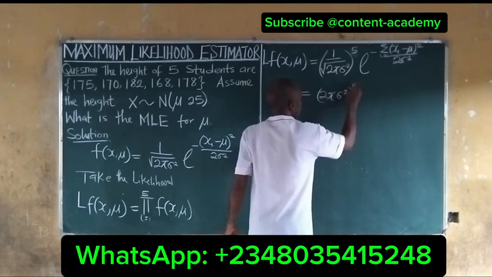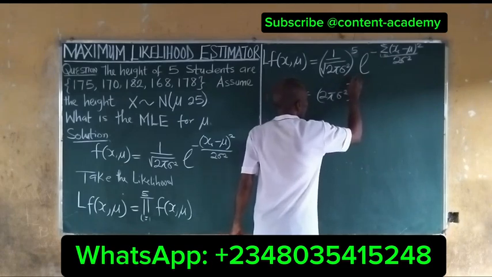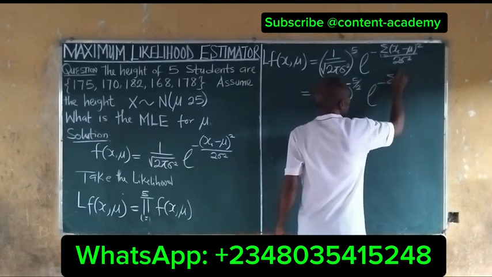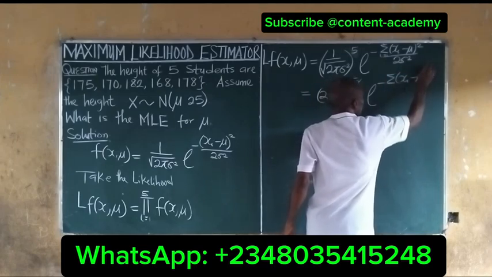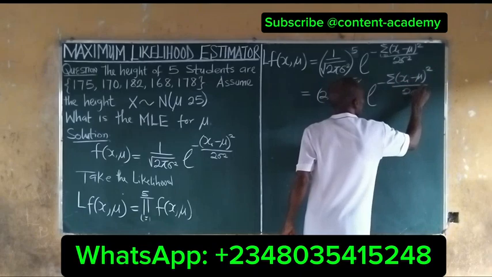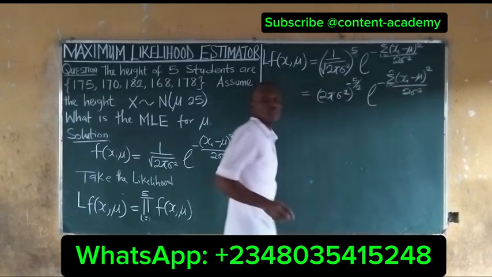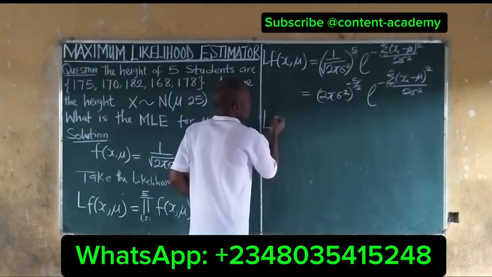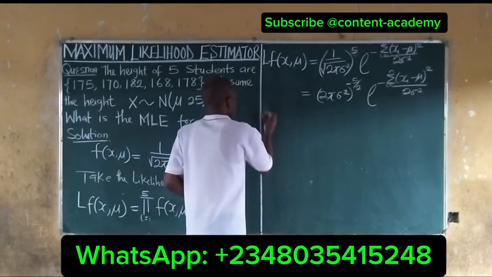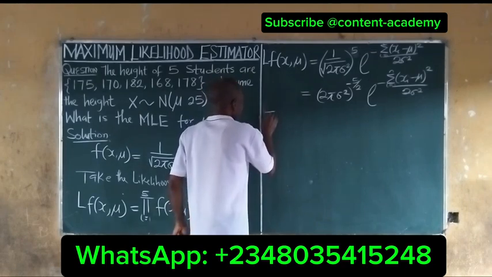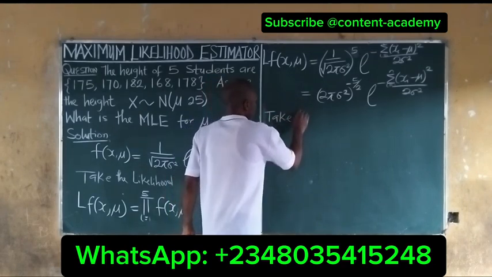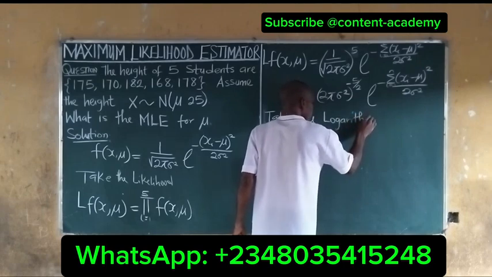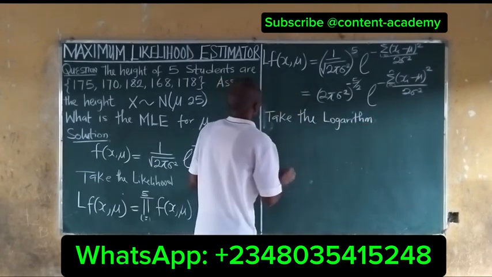For me to take the log, we write this as 5 all over 2, exponential negative summation of (xi minus mu) all squared all over 2 sigma squared, i running from 1 to n. So now we can take our logarithm.